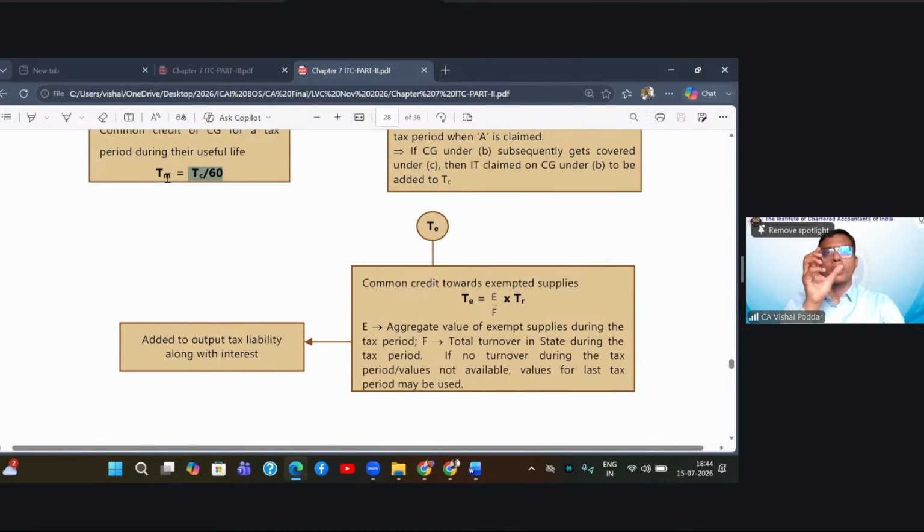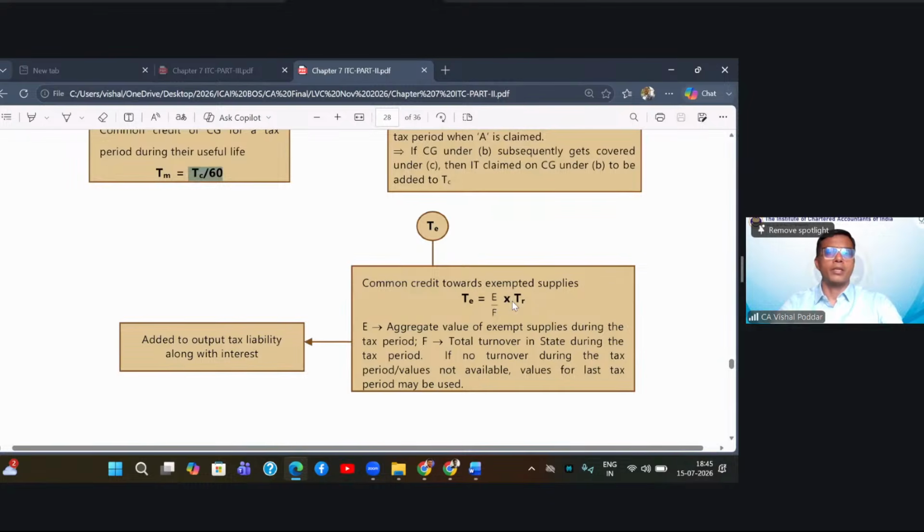So actually, what they have done, they have found out TM, which is the monthly figure, and then they have said add up all the TMs, because if you have multiple capital goods, for each capital goods you need not do the proportion calculation separately. So for each capital goods, add up all the TMs, that will become TR. So TM and TR are the same, both represent the per month ITC of the capital goods.